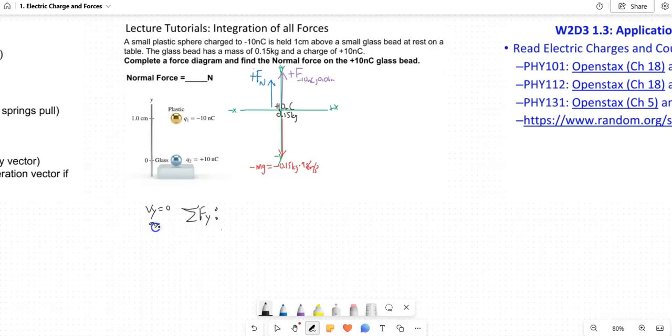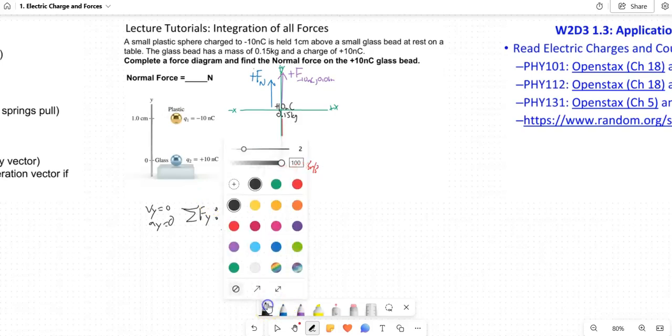So I'm just going to put that acceleration is, I don't know. It depends on how these forces are working out. And in fact, they said the small glass bead is at rest. So actually, we do know that the small glass bead has no acceleration acting on it.